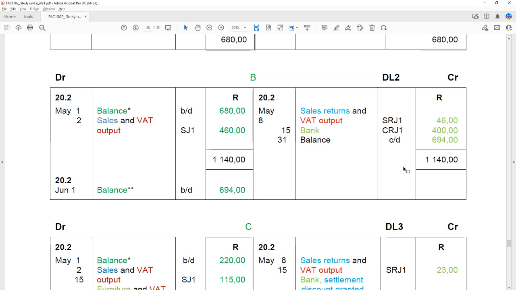But you can't keep him with a credit balance in your trade receivables ledger. You can't have a debtor with a credit balance. That debtor with a credit balance becomes a creditor of yours, and you have to transfer him, because he's not a debtor anymore. So he becomes a creditor, and therefore he must be in your trade payables ledger.